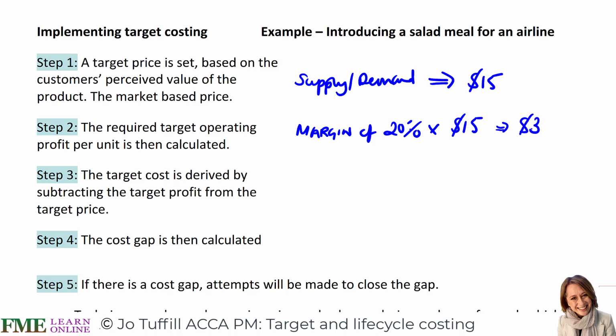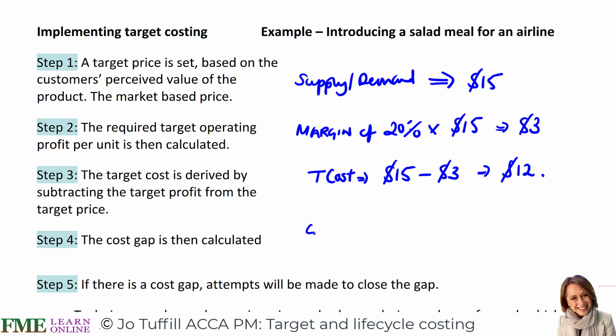$3 per unit. Step 3, the target cost is derived by subtracting the target profit from the target price. So therefore the target cost is going to be the selling price minus the profit, which is therefore $12 per salad. Then we go on to step 4. This is where we calculate the cost gap.